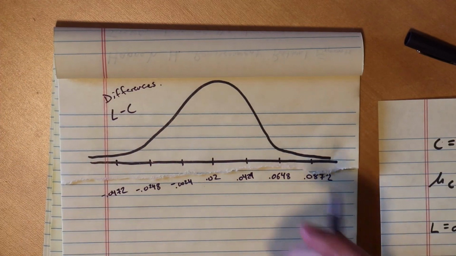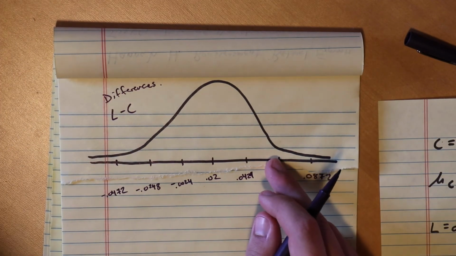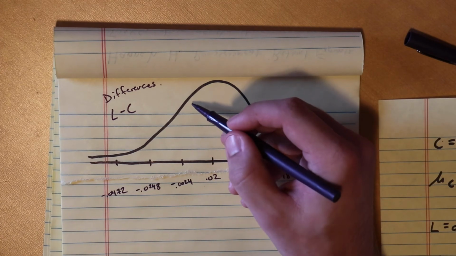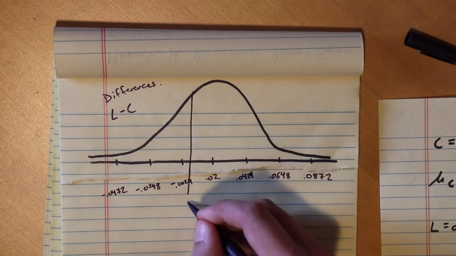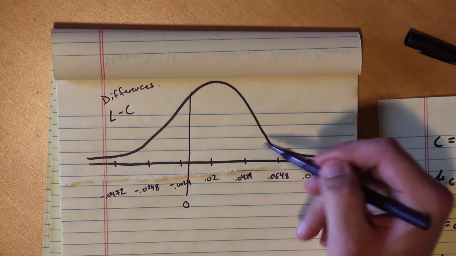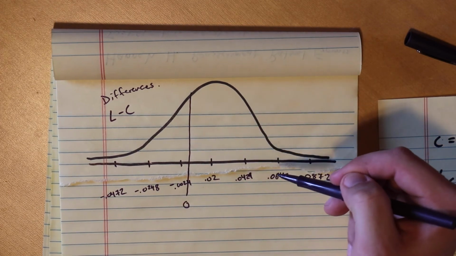So that needs to be happening. Let's go ahead and find where 0 is. 0 would be located maybe around here. This is where 0 is located. So I want the difference to be larger than 0.